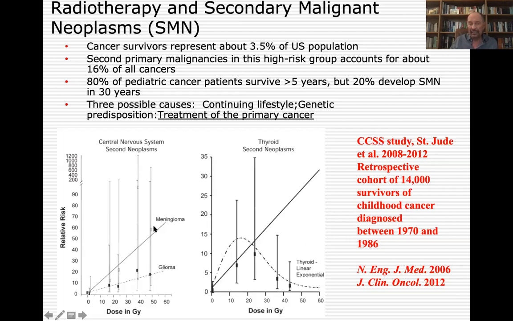These are some data, where you see the relative risk, you know what this is, for the central nervous system secondary cancer, meningioma, which is a benign tumor, and glioma, as a function of the dose. So you clearly see a tendency to increase. And even for thyroid cancer, you seem to have an increase in this region and then a decrease.